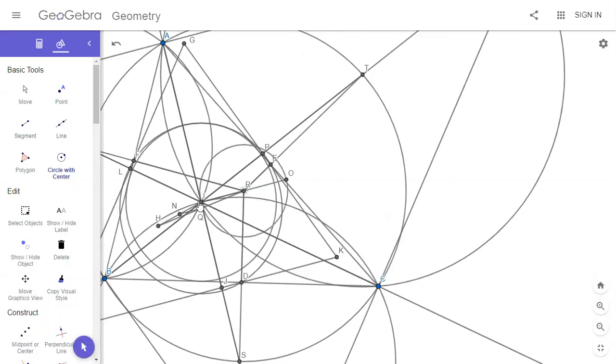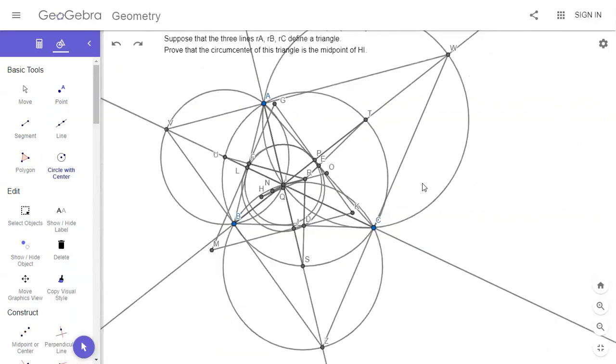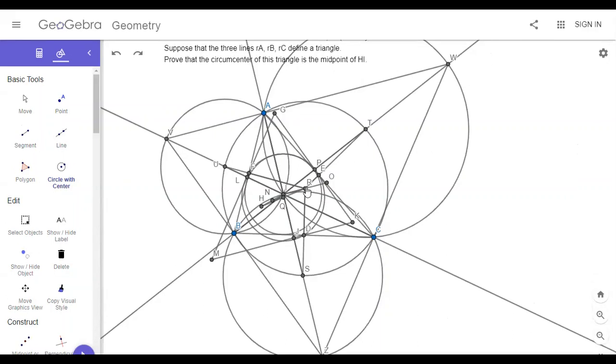I wonder if that's true. Yes. So basically, the circumcenter of WVZ is the midpoint of IO.